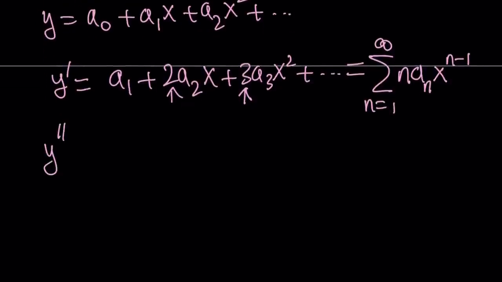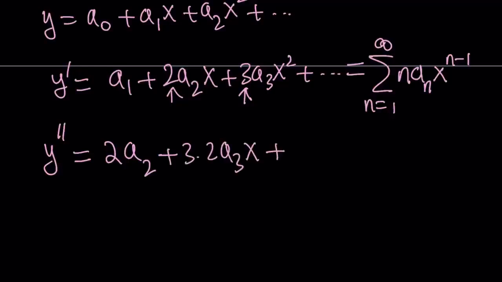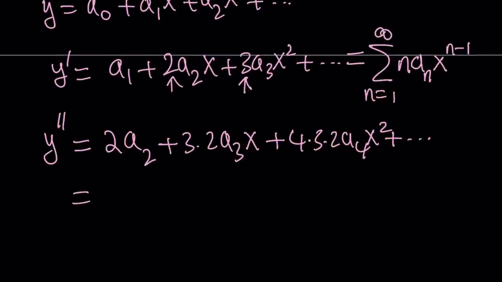Now the second derivative is just going to be this differentiated one more time. This time it's going to be like 2a2, and then we have 3 times 2, I want to write it as 3 times 2, and then a sub 3 x, and then it's going to be like 4 times 3 times 2, a sub 4, x to the second power, so on and so forth. And this can be written with the summation symbol as the following.